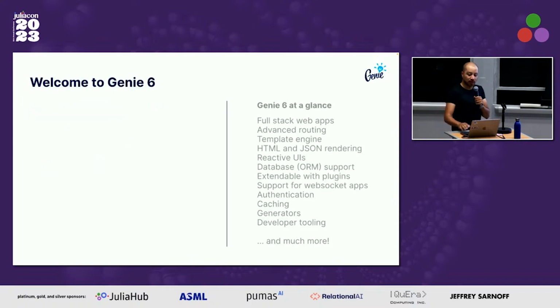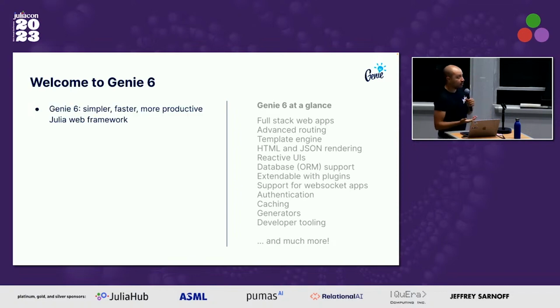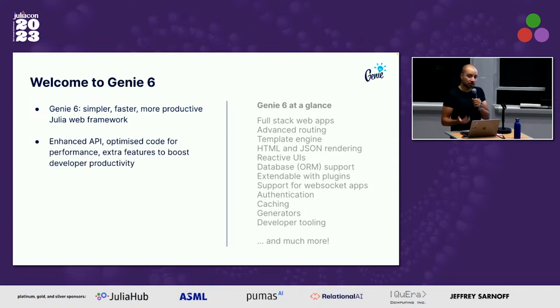So, Genie 6 at a quick glance. In our work to upgrade from Genie 5 to 6, our objective was to make Genie a simpler, faster, and more productive Julia web framework. For this, we have enhanced the API, optimized a lot of code for performance, and added extra features to boost productivity.